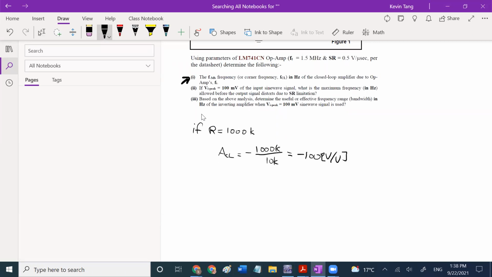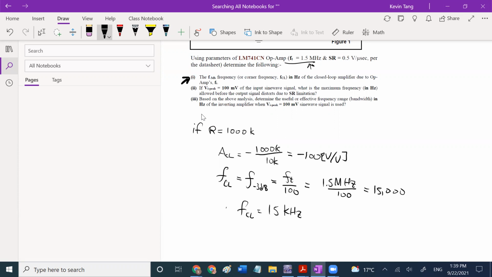My gain will be minus 100 volts per volt, right? My closed loop frequency at minus 3 dB is equal to FT over 100, which is 1.5 MHz over 100. The FT is given here. So I got my FCL equal to 15 kHz. That's the first thing I get, FCL.